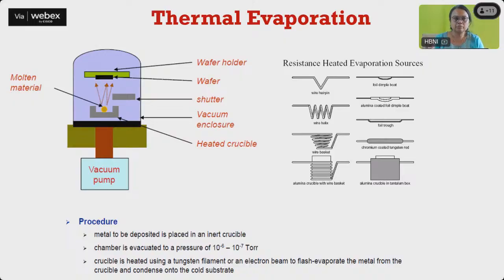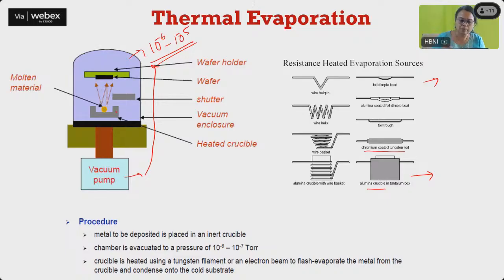In thermal evaporation, we have a chamber, generally at 10 to the minus 6 torr or minus 5 torr. We get this vacuum using a vacuum pump. Then we keep the material in a crucible. This can be a resistive wire, or an alumina crucible, or a tungsten crucible.